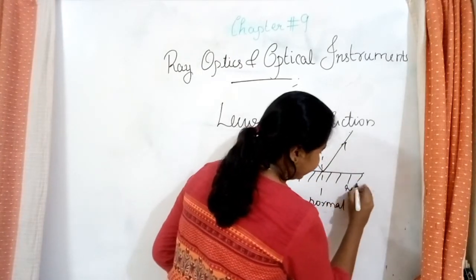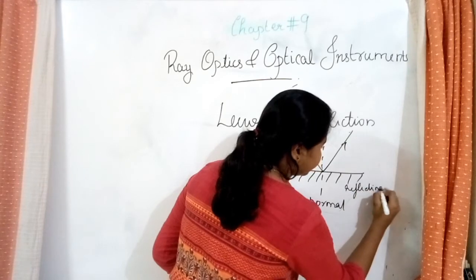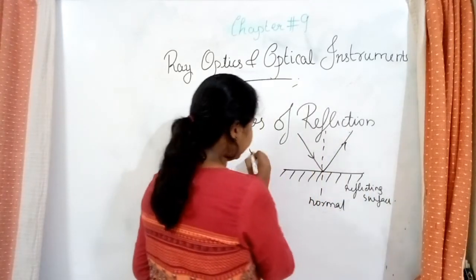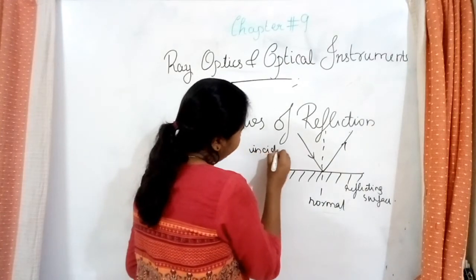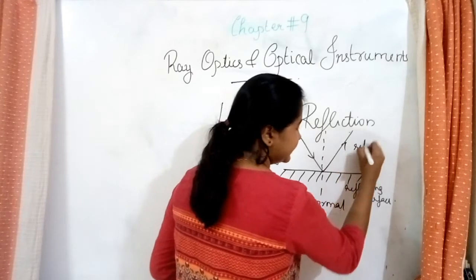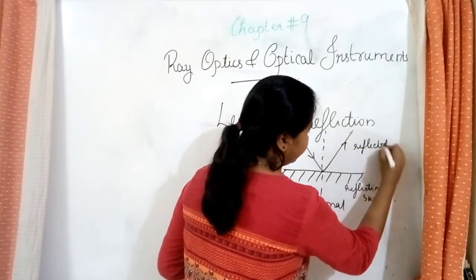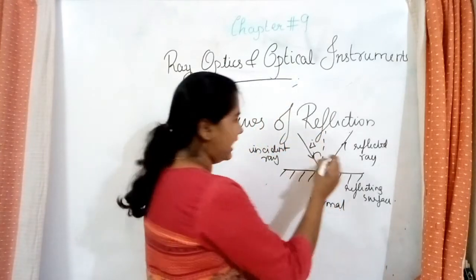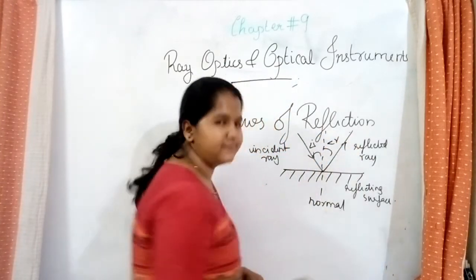This is the reflecting surface. This is the incidence ray. This is the reflected ray. This is the angle of incidence and this is the angle of reflection.